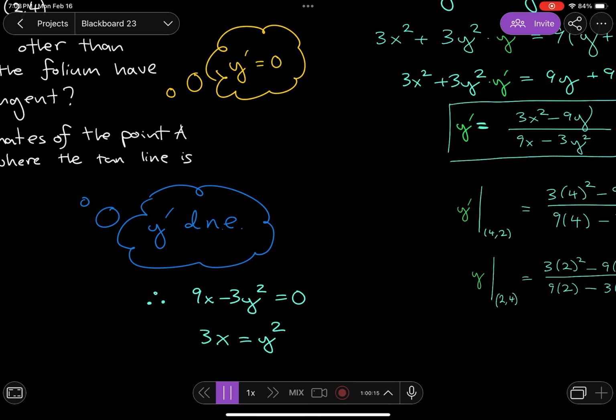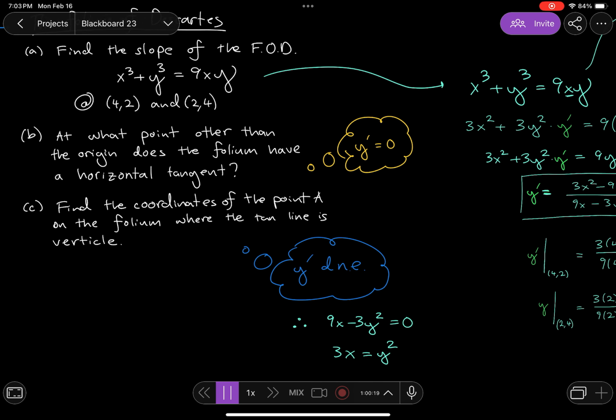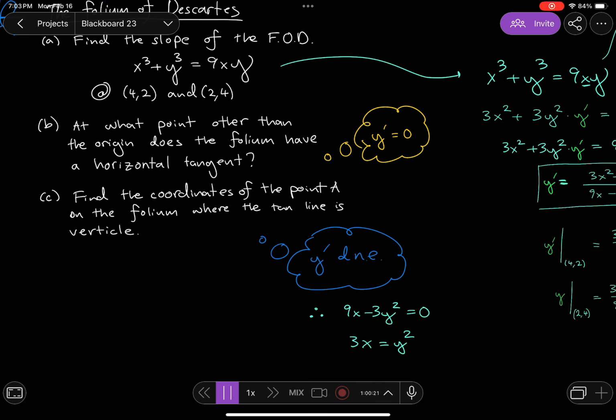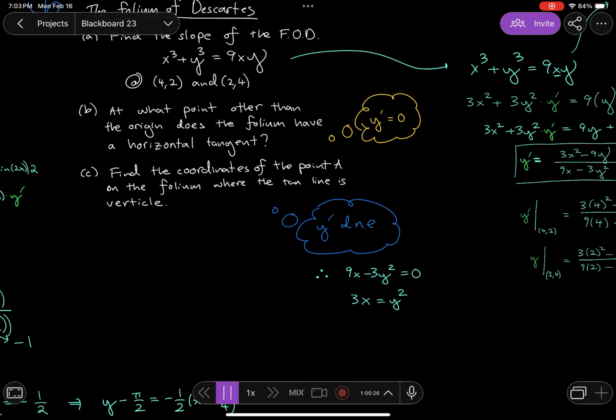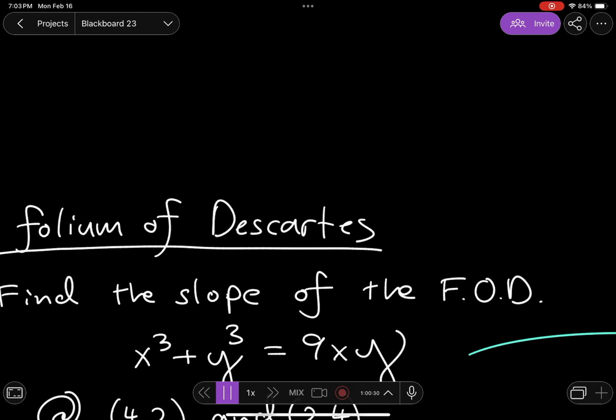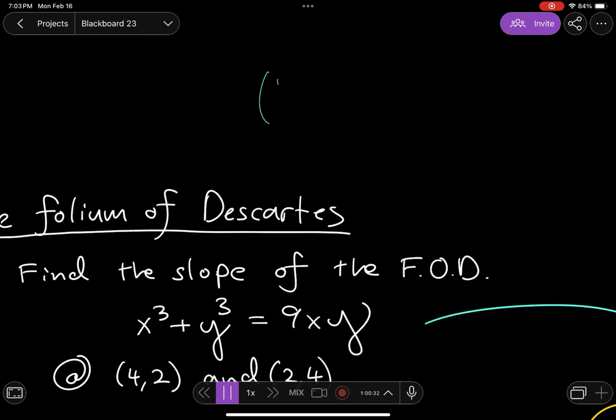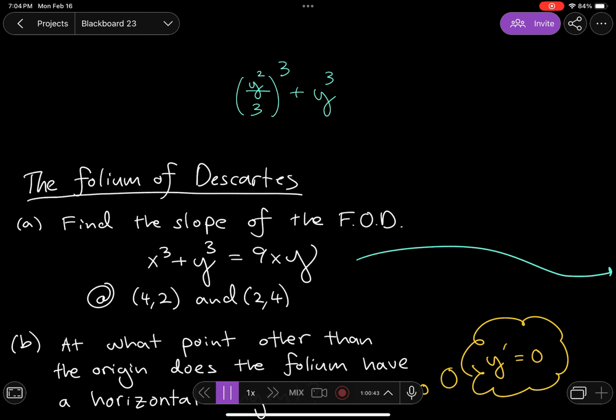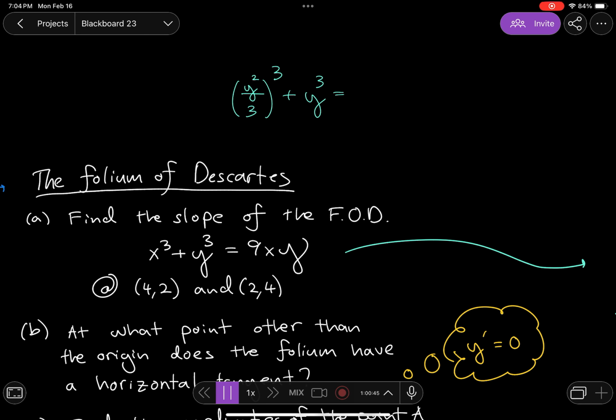This is when the tangent line is vertical, which says the same thing as the slope doesn't exist, and we do the same process. Every time I see an x, I'm going to replace it with y squared over 3. And we won't have to do all the work again.